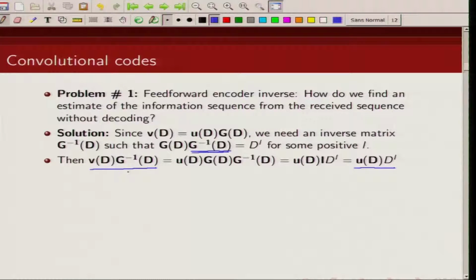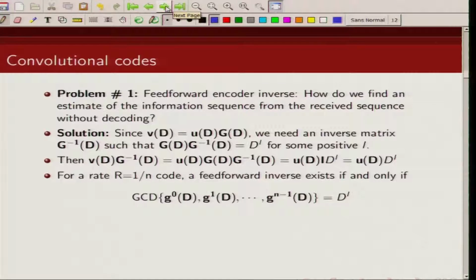If you have your information sequence V(D) and it passes through this encoder inverse circuit, we can directly get back our information sequence. In many cases, for example if the channel conditions are good, you may first want to check whether you can directly estimate the information bits, so you may want to pass it through this encoder inverse circuit.